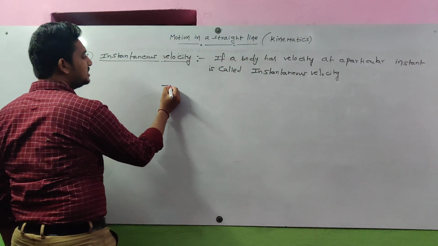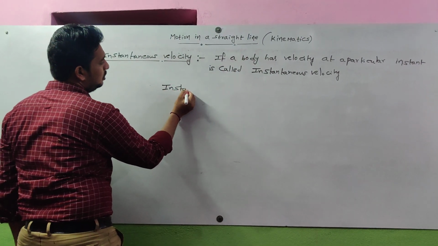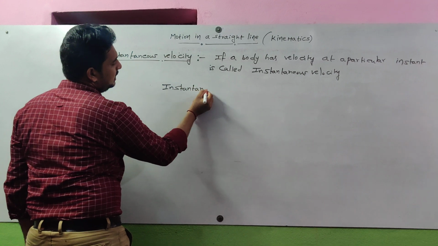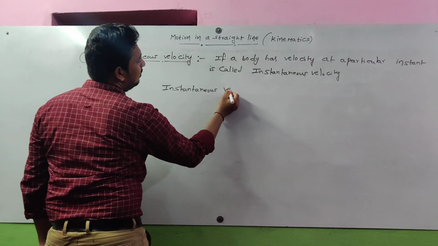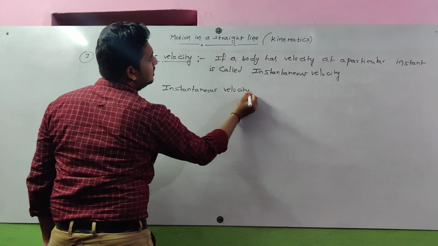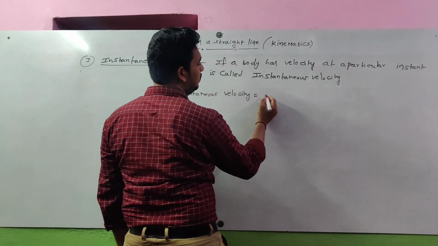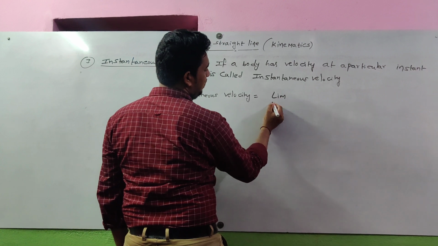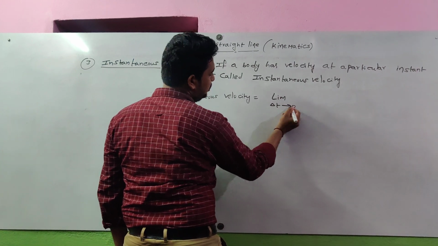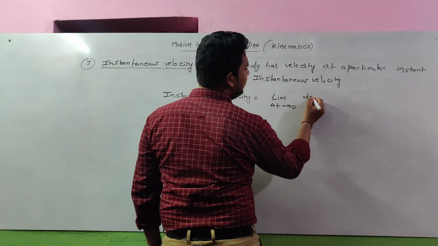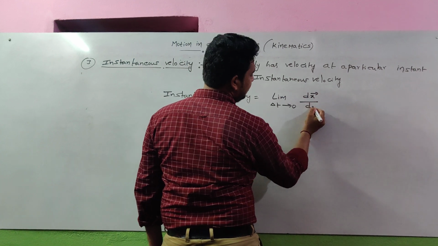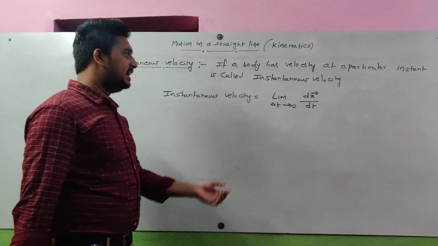Instantaneous velocity is equal to the limit as delta t tends to 0 of delta x bar by delta t, that is, dx bar by dt. Observe carefully.